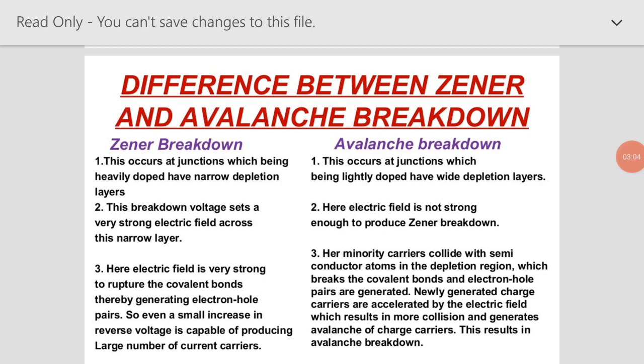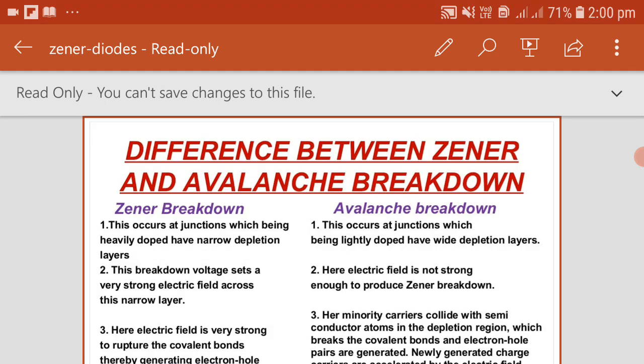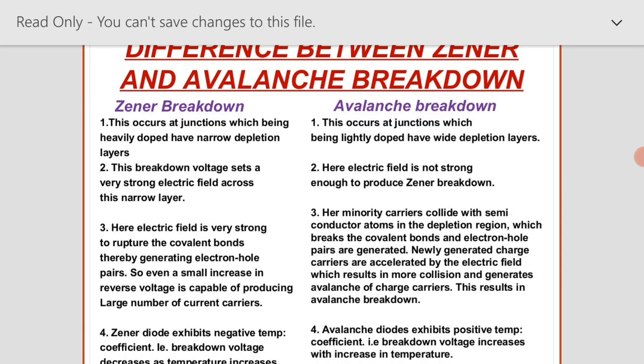The difference between Zener breakdown and avalanche breakdown is, Zener breakdown occurs at junctions which, being heavily doped, have a narrow depletion layer. The Zener breakdown voltage sets up a very strong electric field across this narrow layer. Avalanche breakdown occurs at a junction which, being lightly doped, has a wide depletion layer.